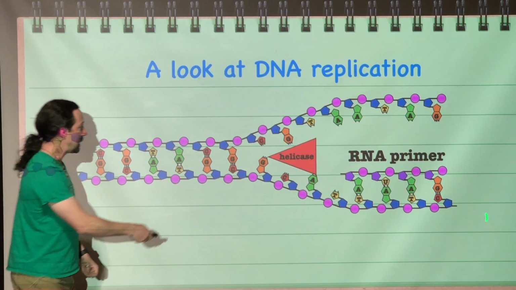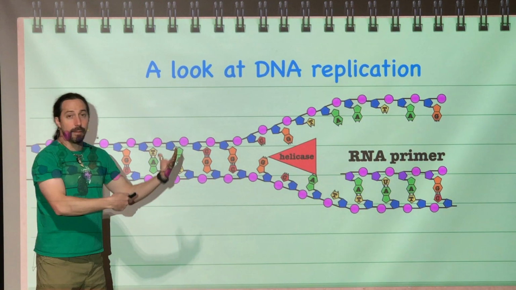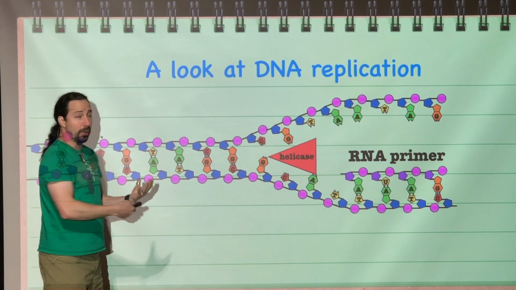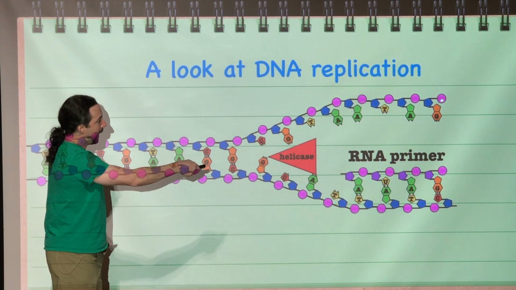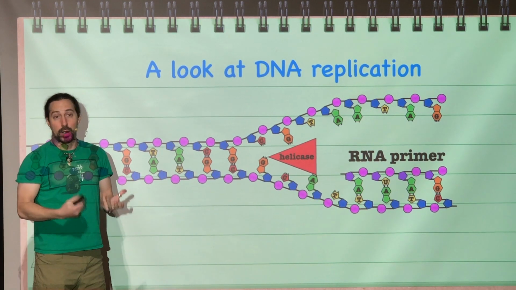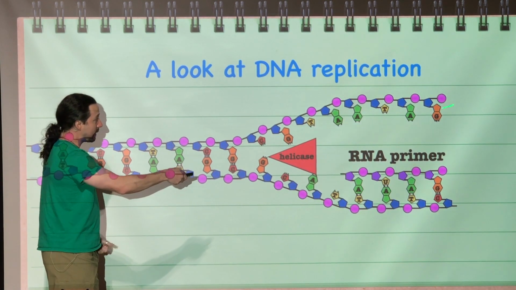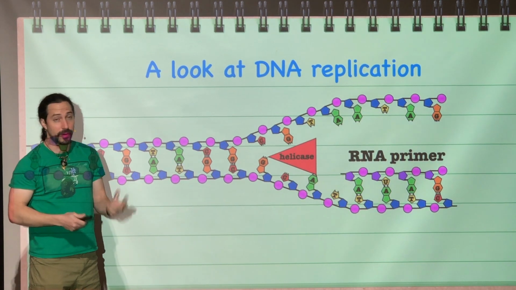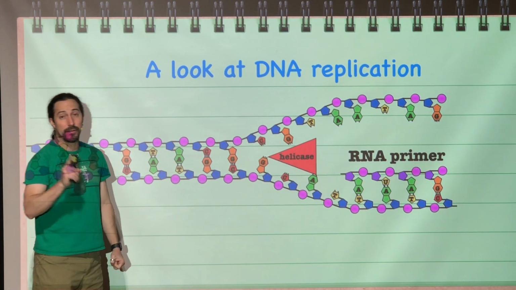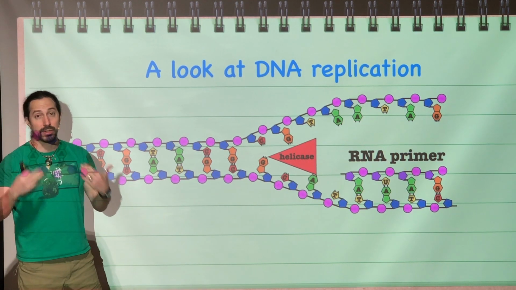And that means that this bottom strand, primase was able to move along and build an RNA primer. But our top strand right here, the end that is open, is a 5' end. And the RNA primase cannot move in the same direction as a helicase is moving. So that's going to have a big impact upon how we build our DNA molecule.